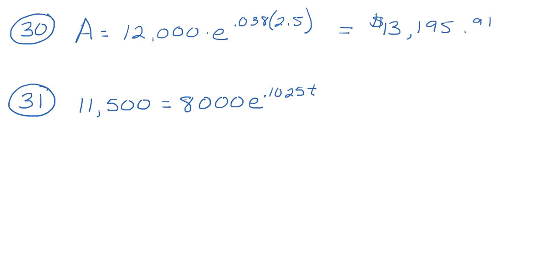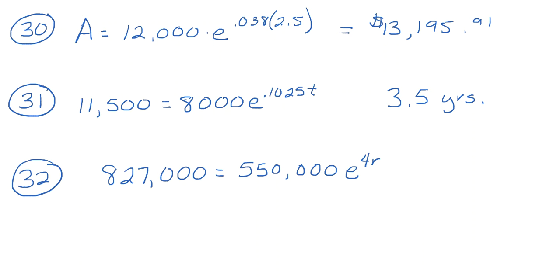So plugging in the numbers where they belong, and again, before you take the natural log of both sides, you will be dividing out the 8,000. So divide it out, take the natural log of both sides, bring the exponent out in front, and then that turns out to be 3.5 years is how long it was invested.